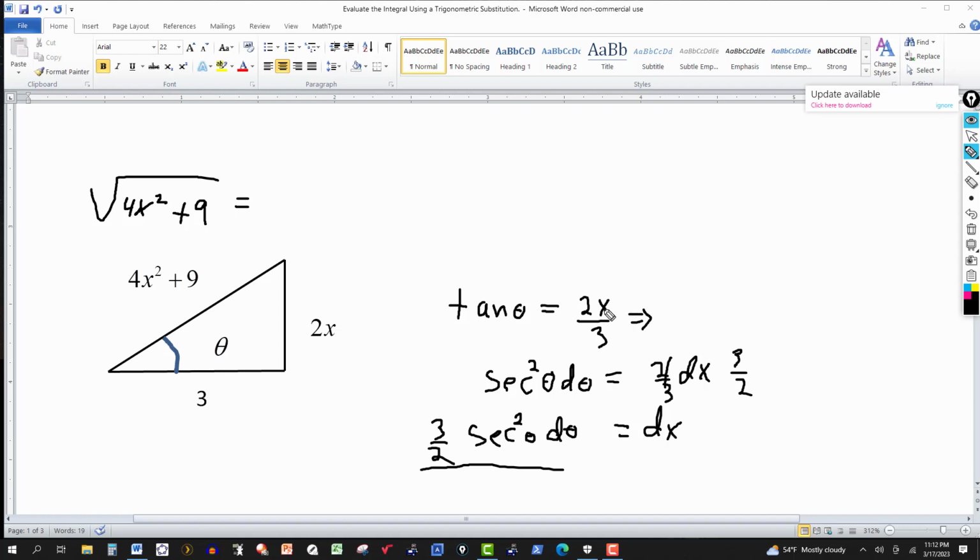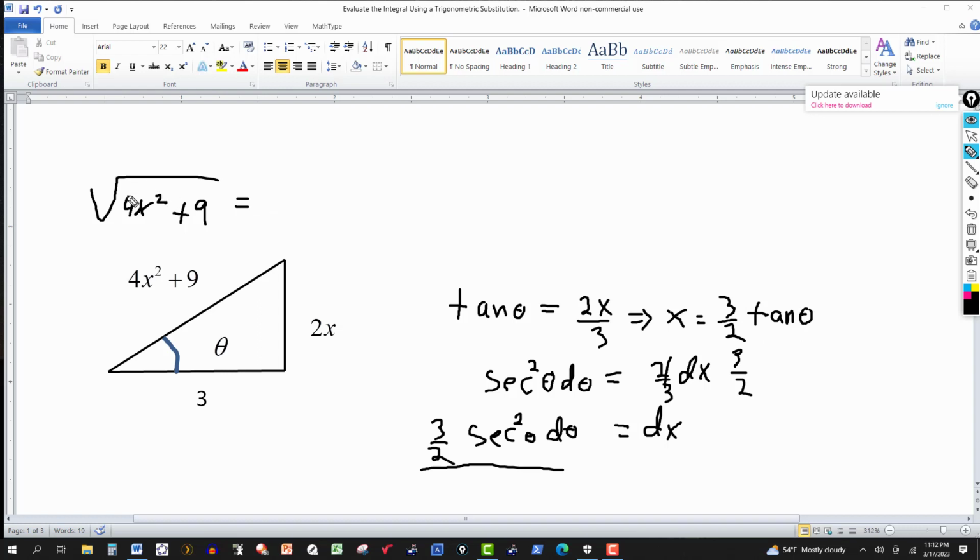I want to solve this for x, so x is going to equal, again multiplying here by 3/2 throughout, 3/2 tangent theta. So that means I can replace the x in the integrand by 3/2 tangent theta.